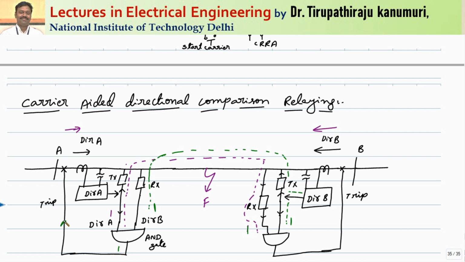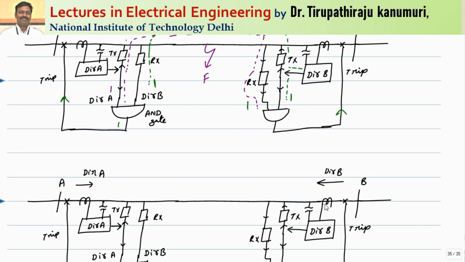So automatically your trip current will pass through your trip coil and your relay will trip here. The same thing is the case here, 1 is here. That will be passed to your trip circuit, so your trip circuit will operate. So we can conclude that for the case of internal fault, the relays at both the ends will trip simultaneously.